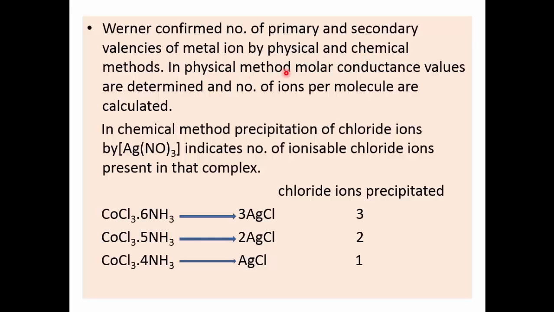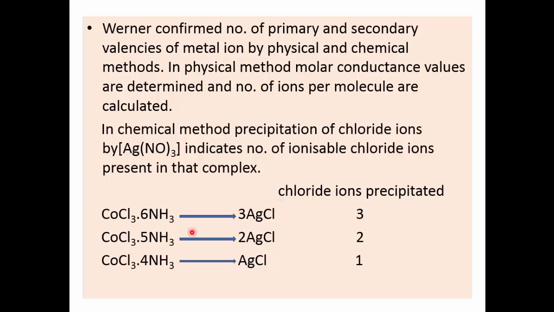In the physical method, molar conductance values are determined and the number of ions per molecule is calculated from the molar conductance values. While in the chemical method, precipitation of chloride ions is done with the help of silver nitrate, which indicates the number of ionizable chloride ions. That means the number of primary valencies present in that complex.